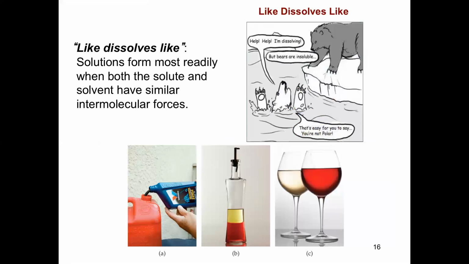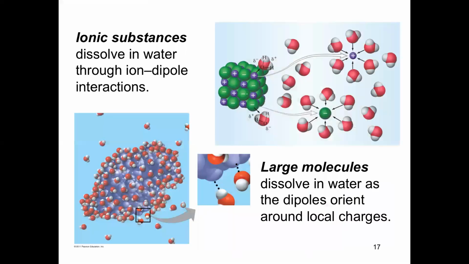All righty. Now, as I said, nonpolar substances would tend to dissolve things that are nonpolar. But remember, the ionic substances, like I said, dissolve really well in water because of those ion-dipole interactions. But large molecules can also dissolve in water because if you're looking at your dispersion forces, so we go back over here, right?